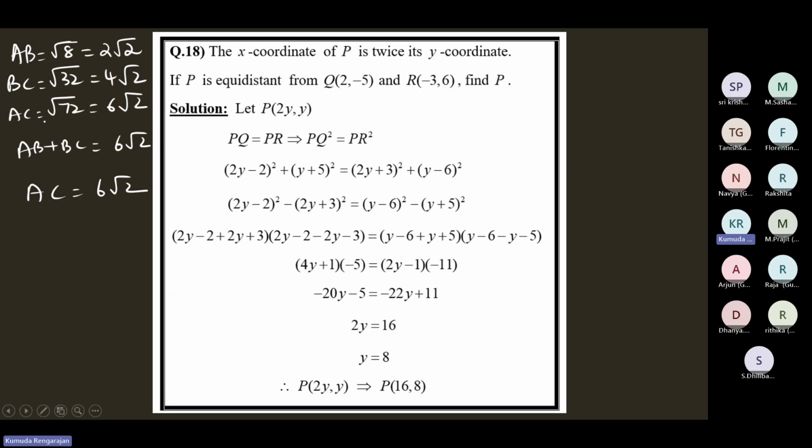Check anything, any sum you can check. So it's very visible actually, that 2 plus 4 is 6 and 6 here. So you work AB plus BC and show it is 6 root 2, which is equal to AC, which is also 6 root 2. So since AB plus BC is equal to AC, the points A, B, and C are collinear.